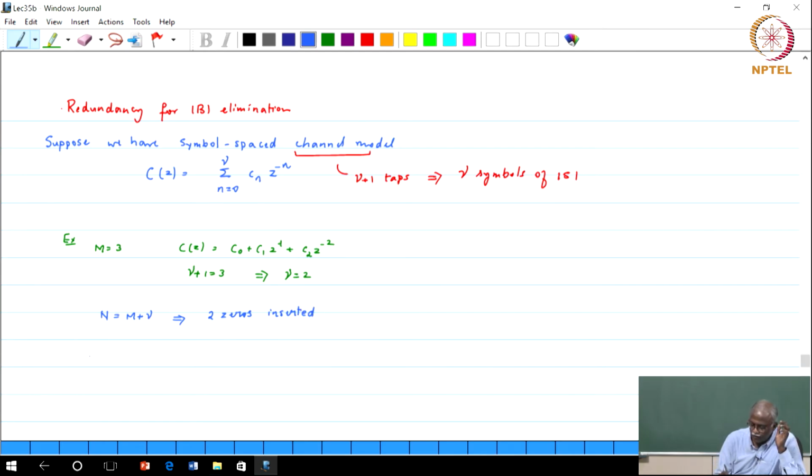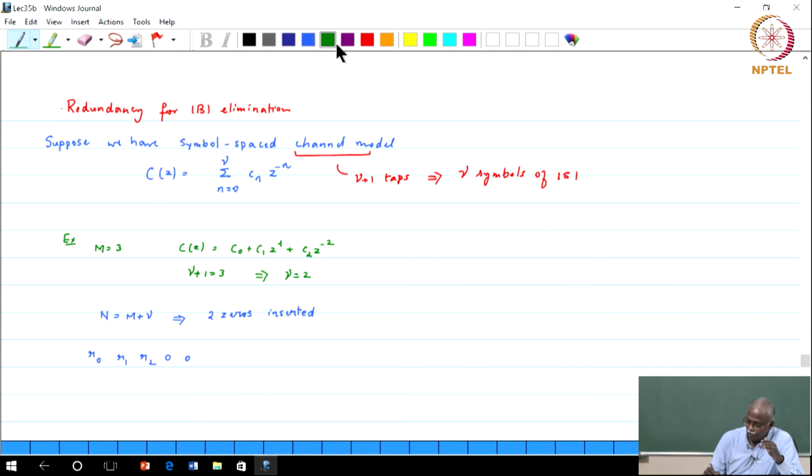If I have the situation where R0, R1, R2, R3, R4 basically need to be transmitted, what I am going to do is, after a block which is R0, R1, R2, insert 2 zeros.